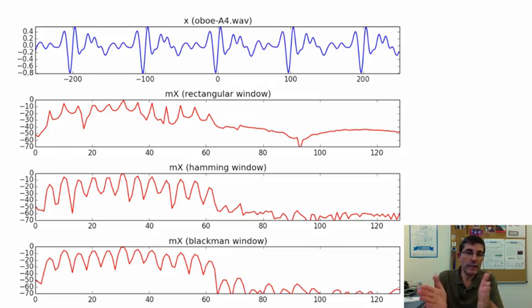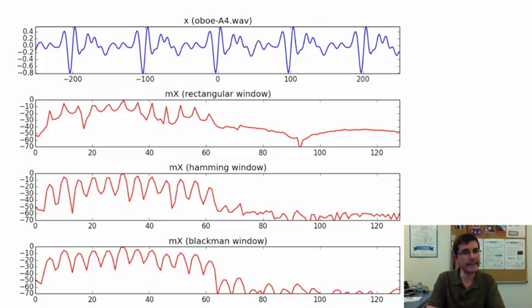And now to finish, let me just compare some of these windows being applied to the same sound. So we start with a fragment of a sound of a certain length, and we are applying 3 different windows. The first one is the rectangular, the next one Hamming, and finally the Blackman.